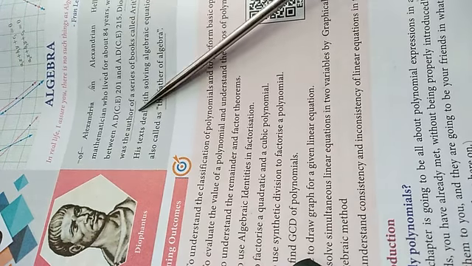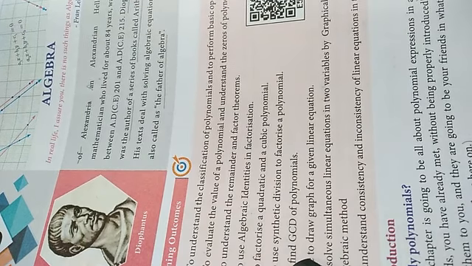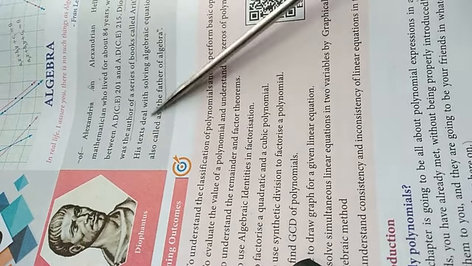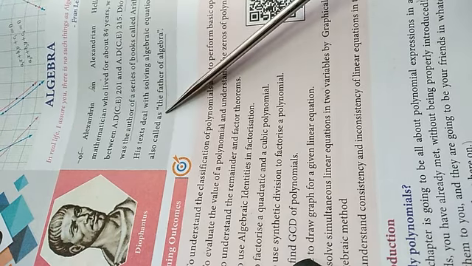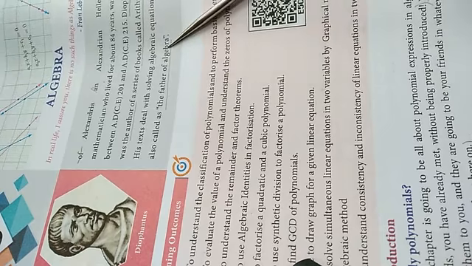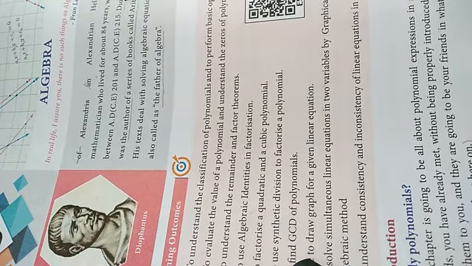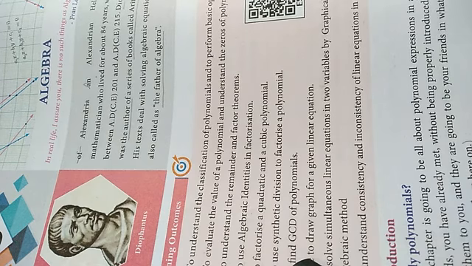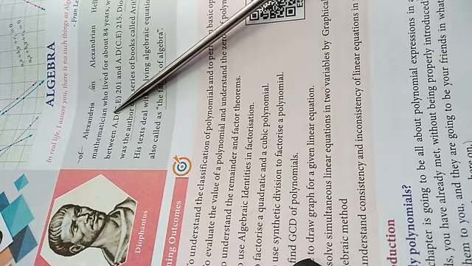Diophantus was the author of a series of books called Arithmetica. His texts deal with solving algebraic equations. So, the title of father of algebra goes to Diophantus, an Alexandrian mathematician.